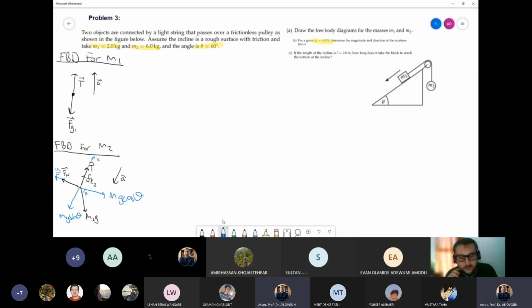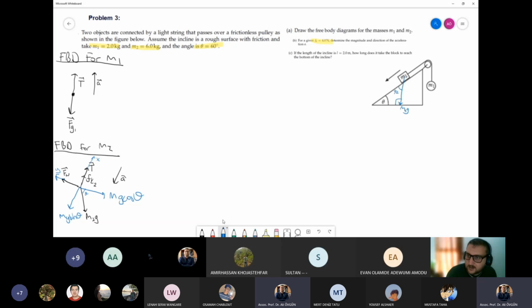If you look at this inclined plane, you will see that mg sine theta is always in the x direction, and mg cosine theta is in the y direction, because this is theta. If you draw it here, you will see better. This is m2g. This is 90 degrees.